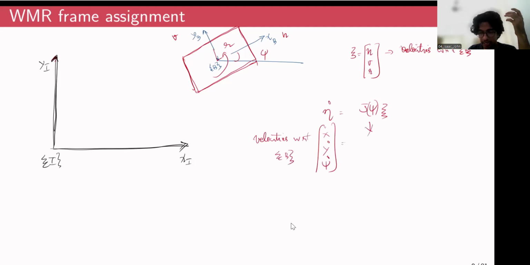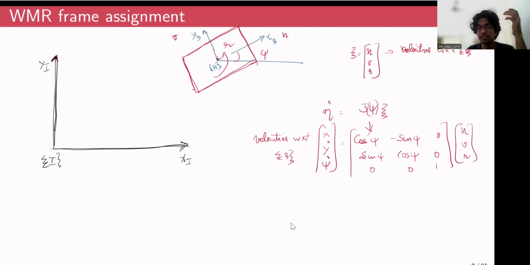And this Jacobian matrix can be composed by this arrangement: cos psi, minus sin psi, 0; sin psi, cos psi, 0; 0, 0, 1. Then this is multiplied by u, v, and r.